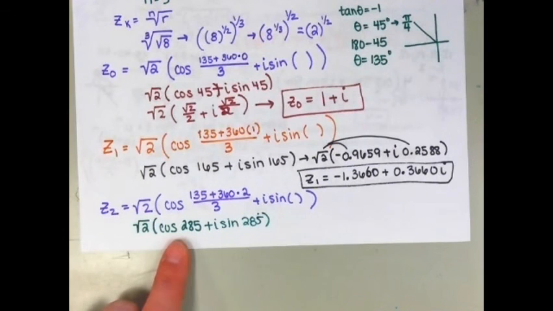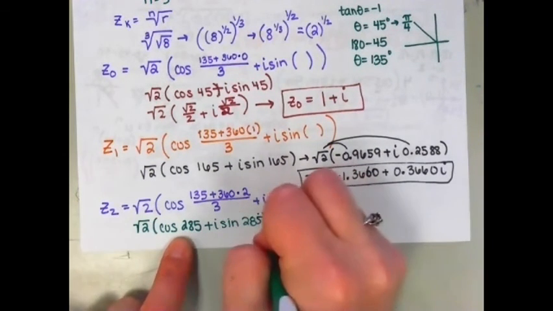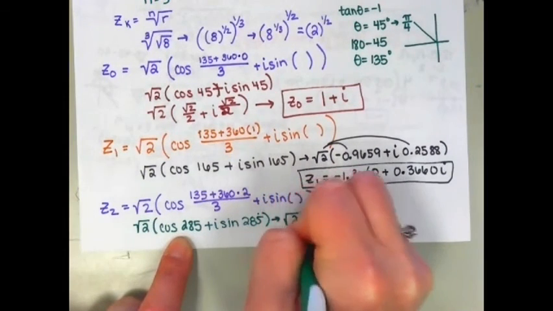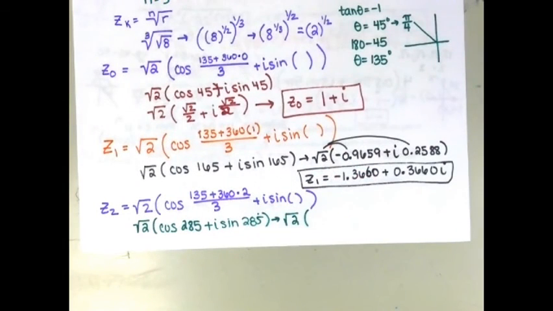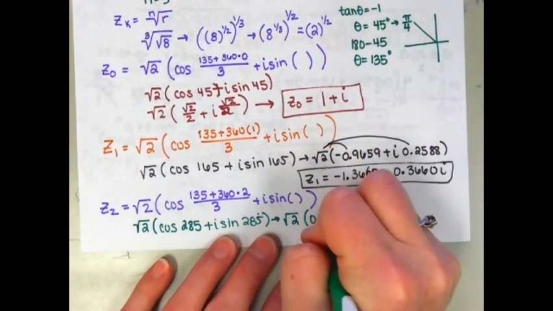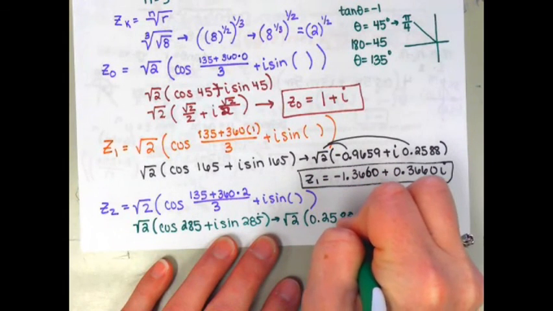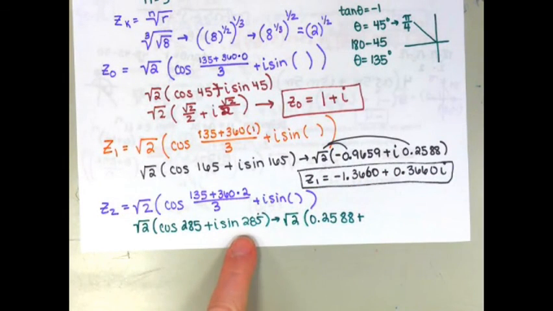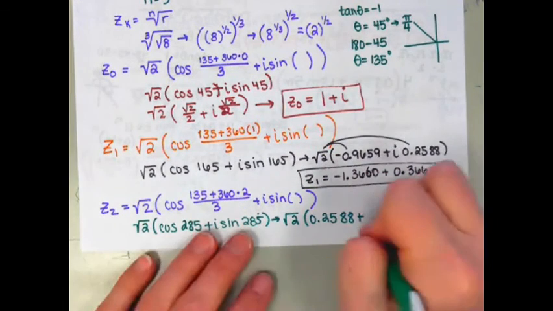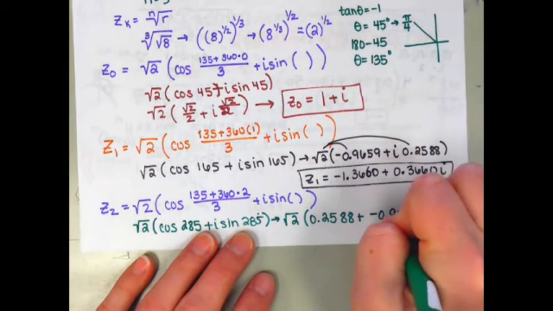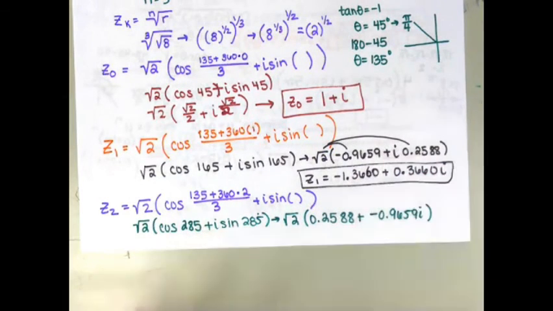So we have to use our calculator. So we're going to go ahead and round again. So we're going to get the square root of 2 times, what is the cosine of 285? 0.2588, plus, what is the sine of 285? Negative 0.9659 I. You guys okay with that?